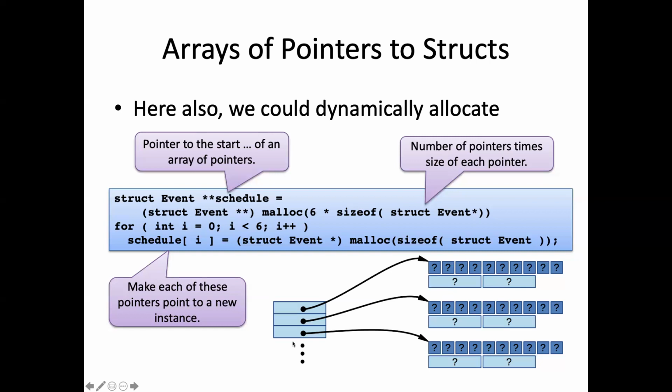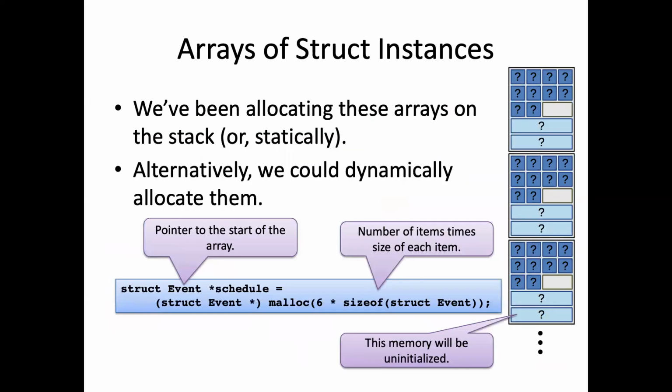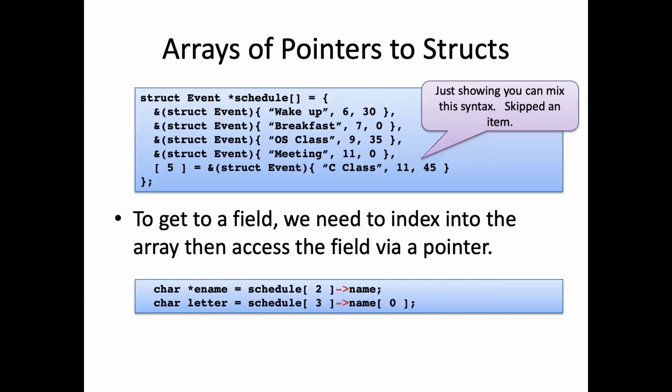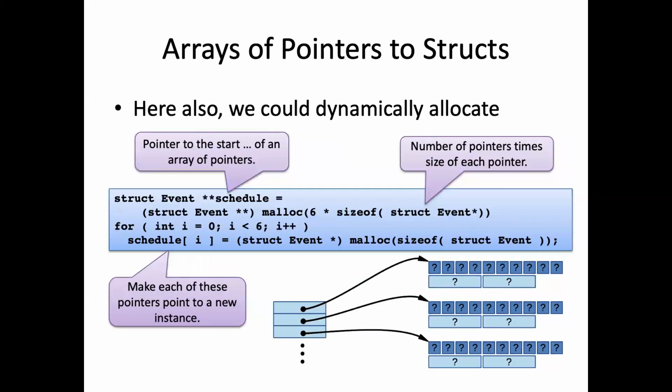So even though, backing up a couple of slides, you can make an array where every instance is a whole copy of a struct, that's not how Java does arrays of objects. In C, to prevent copying the objects around a lot, this is more typical of how you might do it.